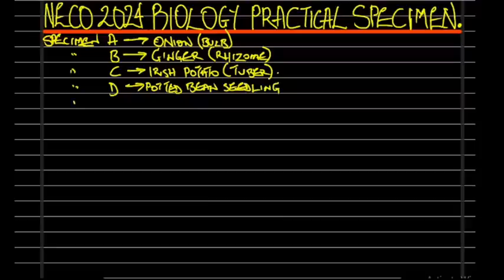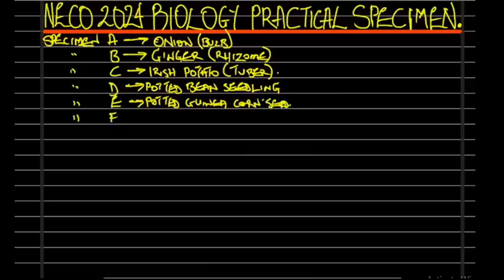That is what we were given. And then specimen E now. Specimen E, we're told to get potted Guinea corn seedling. That is what we were told to get.